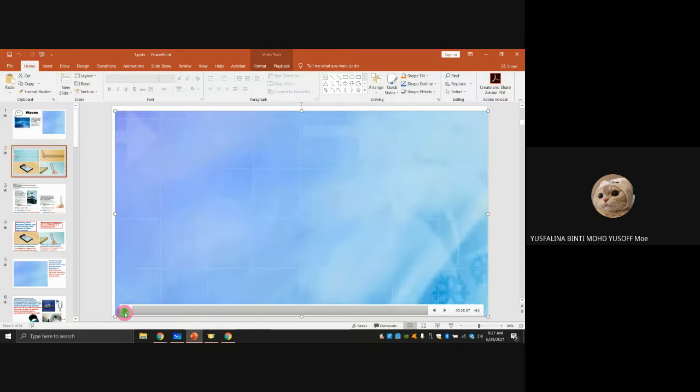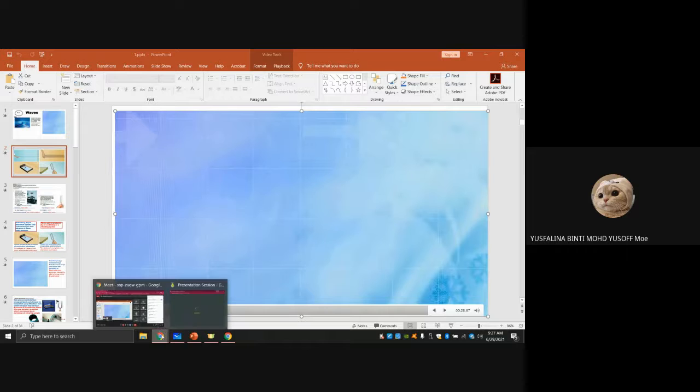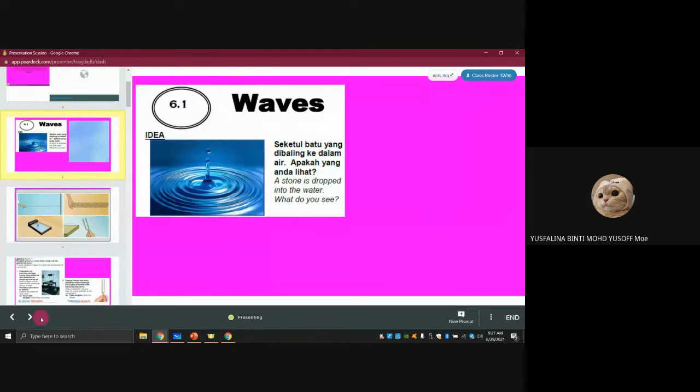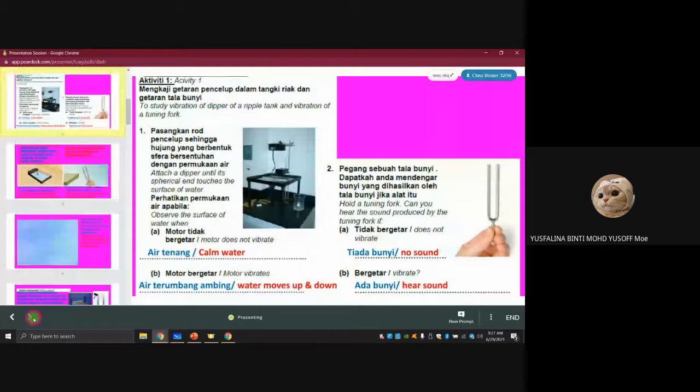All right, so we move on to the slide that I gave just now. So for this one, it says to study a vibration of a ripple tank. So this is called a ripple tank.